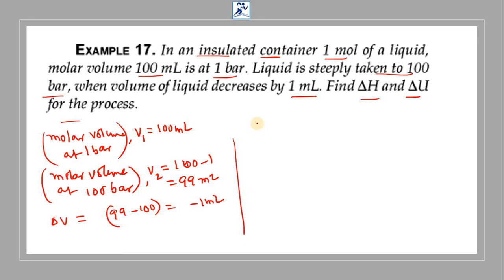Now, coming to the point, you can find the work done here, W is equal to minus P delta V. Delta V is minus 1, and it is work done by the system, so minus into the pressure, that is 100 bar.